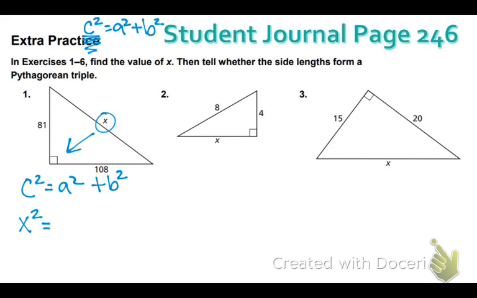Since there's addition between a squared and b squared, it does not matter which one you label a and b. You just need to square both of them. So 81 squared and 108 squared. So we have x squared equals, go ahead and plug into your calculator, 81 squared plus 108 squared.